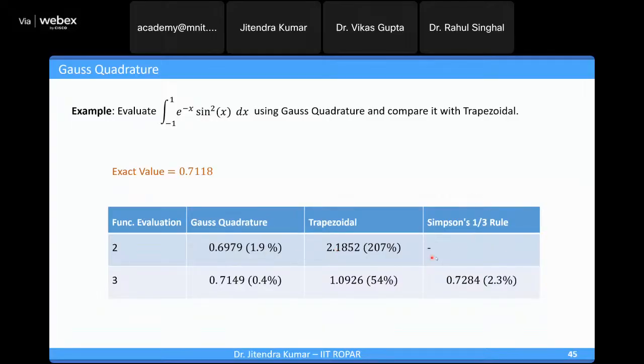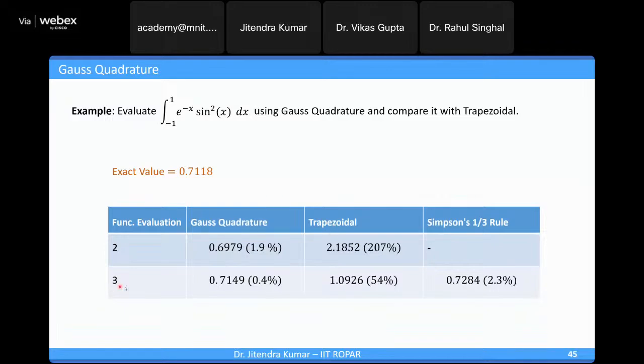Anyway, Simpson's we cannot do with 2 function evaluations. Let's go with 3 function evaluations, where we can use Simpson's also. It is given here. Gauss quadrature will give you 0.7149 with 3 evaluations, 0.4% error, very accurate. The value was 0.7118, and you are getting 0.7149.